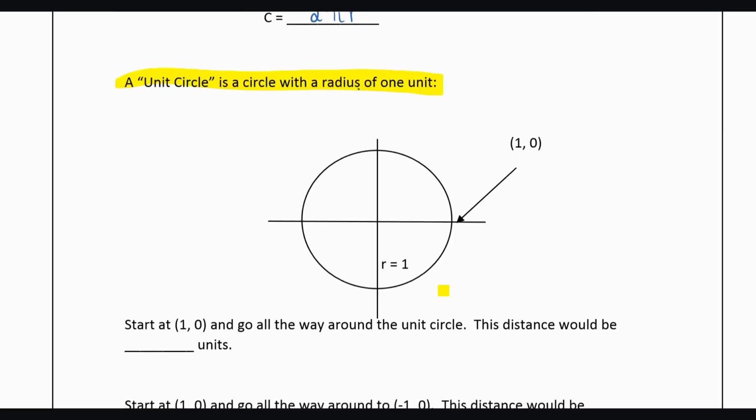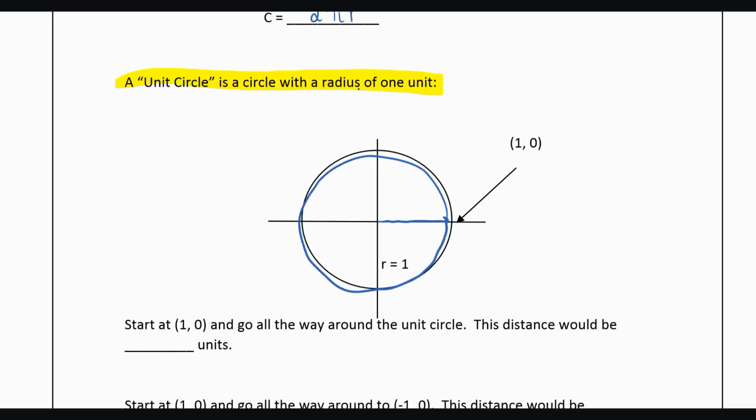So one thing we could think about here is that 1 radian would be the angle that would have 1 unit around. So what would be our radian if we started at the x-axis and we went all the way around? So it's intersecting the whole circle.